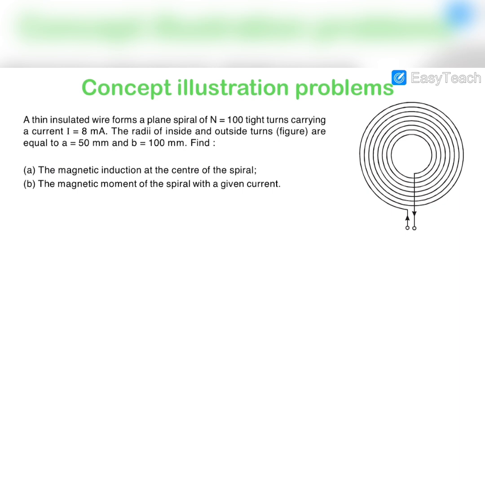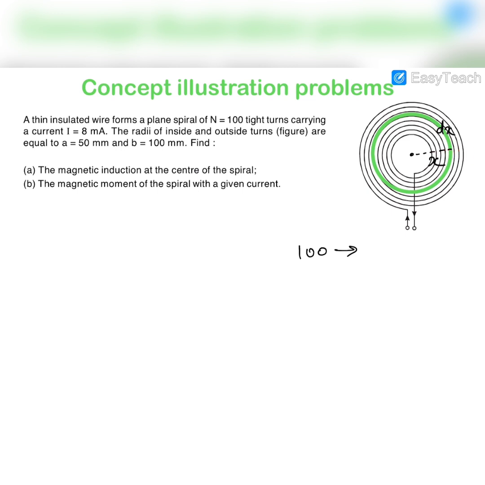First of all, we have to consider an element. This is the element, and let us suppose the width of this element is dx and the radius of the element is x. Now 100 turns are on the width of this section, which is b minus a.